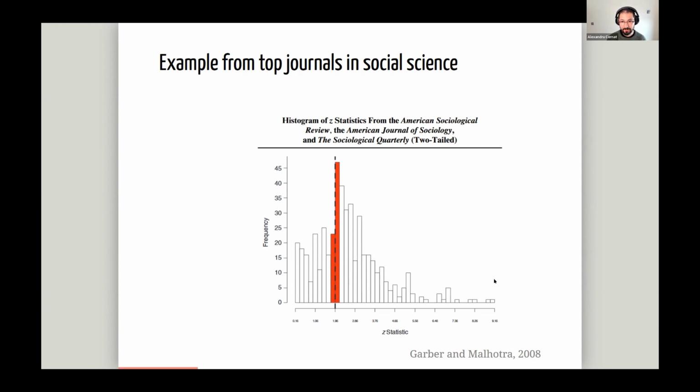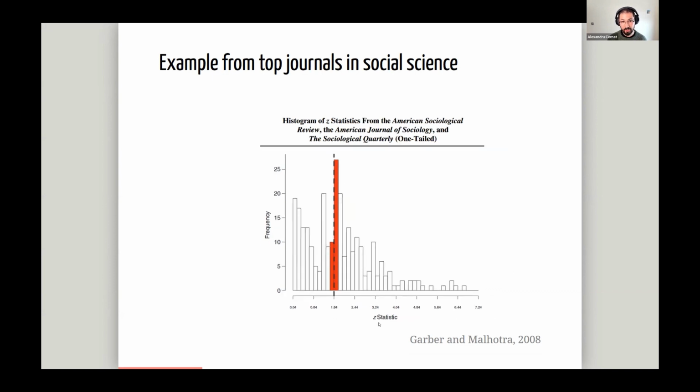To validate this, we can also look at the situation where we have a one-sided test, and then the z-statistic of interest is 1.64. Again, we see this clear cutoff point where studies that have z-statistics that are just barely significant are more likely to be published than those that are not. So this is another piece of evidence that we have an issue with publication bias.